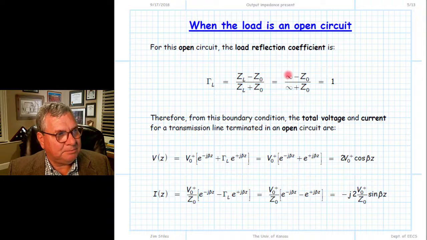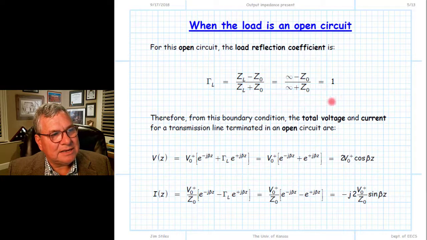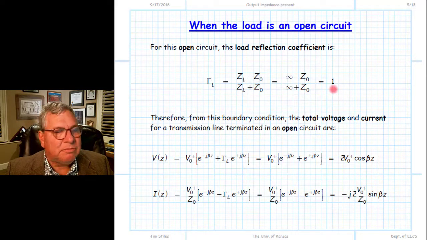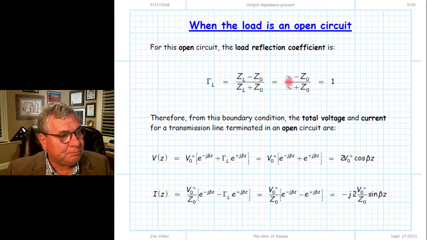And in this case, what we find then is the ratio of infinity to infinity, we can say, is equal to 1. Gamma L is equal to plus 1 times e to the j0 for an open circuit, an impedance whose magnitude is equal to infinity.